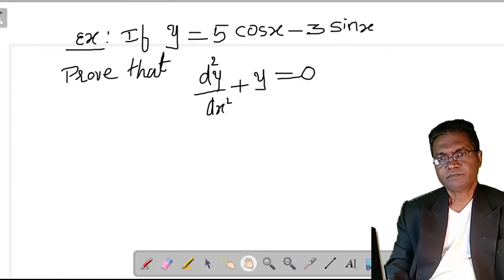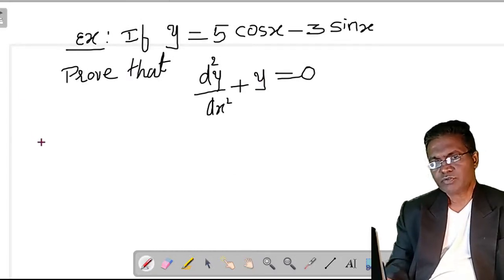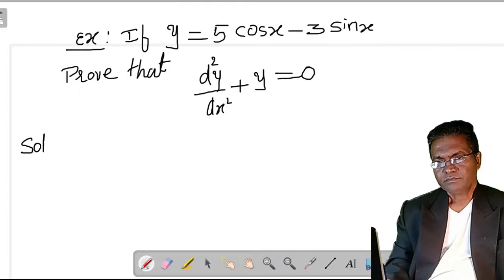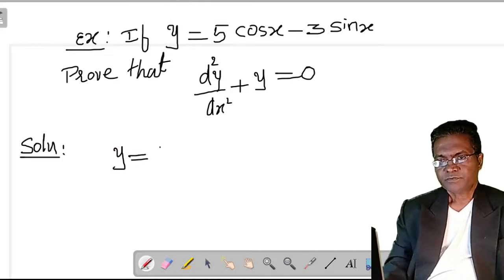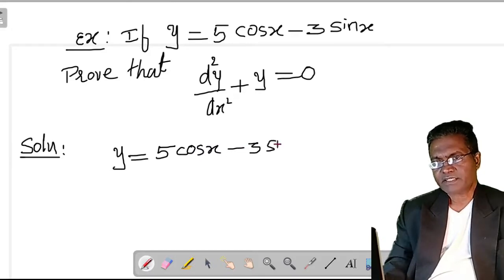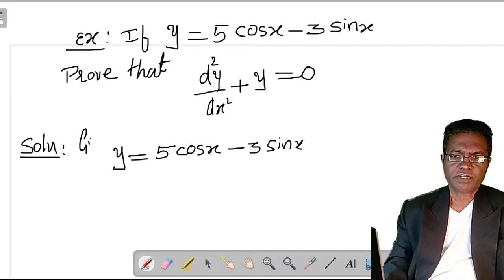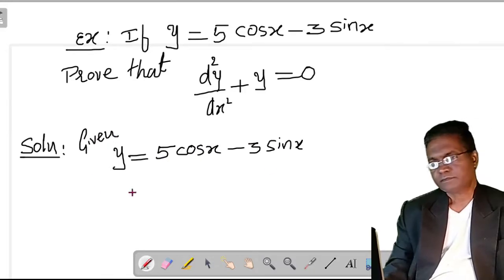Same way you have to do. Pause the video, you can try, you will get it, I'm sure. So y is equal to 5 cos x minus 3 sin x. This is your given, you may call it 1.